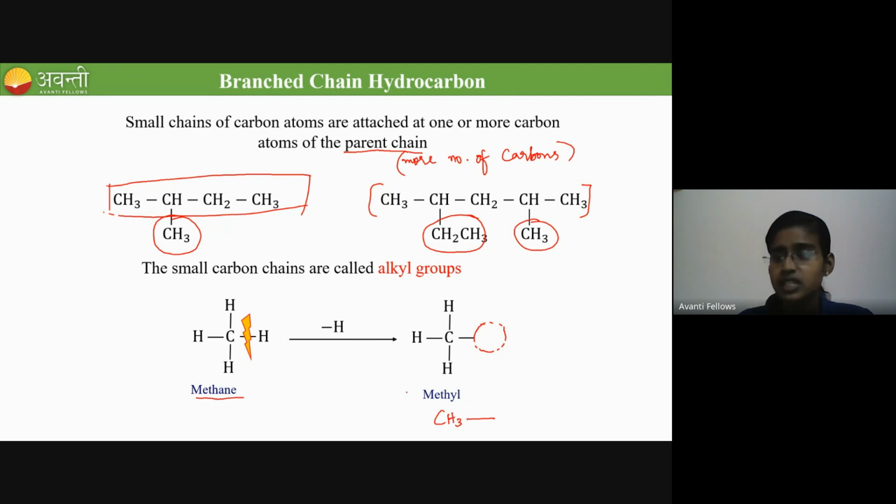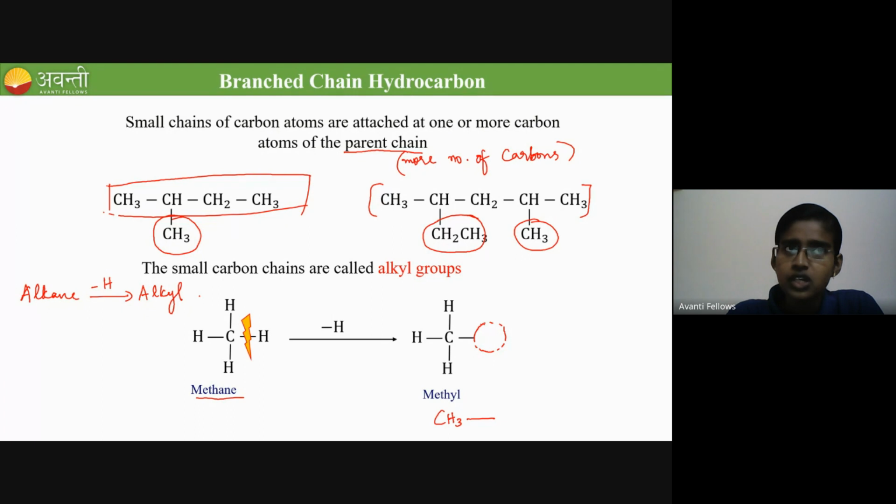If it is ethane, it is ethyl. If it is propane, it is propyl. So basically from an alkane, if you remove one hydrogen, you will get an alkyl. For the one carbon system, that is methane, only one alkyl group is formed, which is methyl.